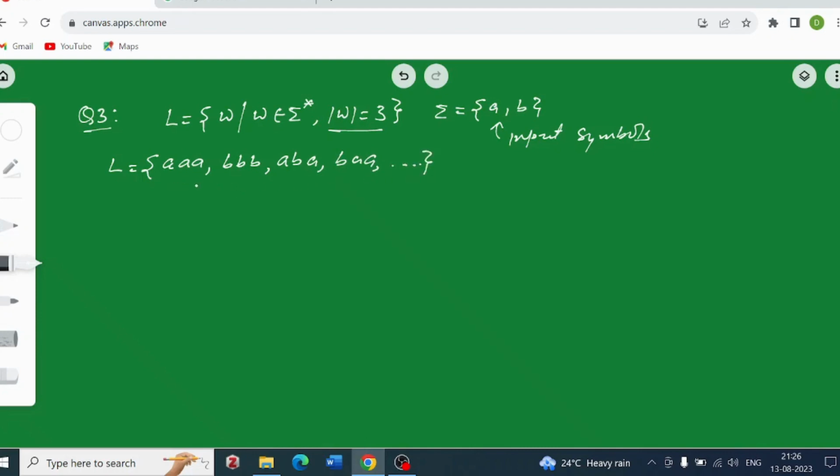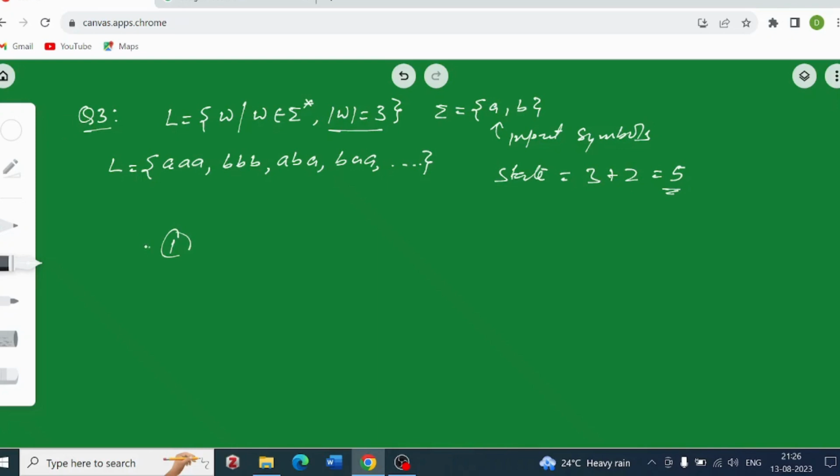So it will have 8 combinations in which the strings are made up of A or B. The states required to draw the DFA of this question are 3 plus 2 equal to 5. So 5 states are required.